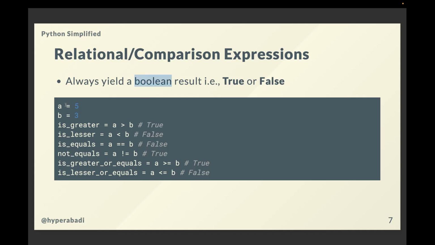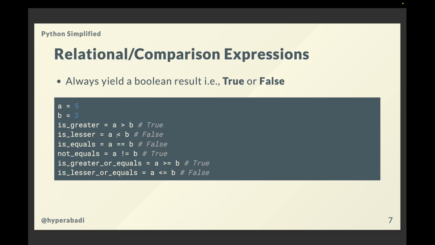So in this example, a is 5, b is 3. I'm saying, is a greater than b? Remember, the expression is always on the right-hand side of the assignment operator, that's the equal to. If you say 5 greater than 3, yes indeed, so the result will be Boolean, and it will be assigned to the is_greater variable.